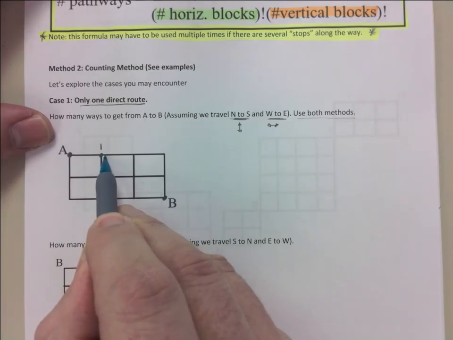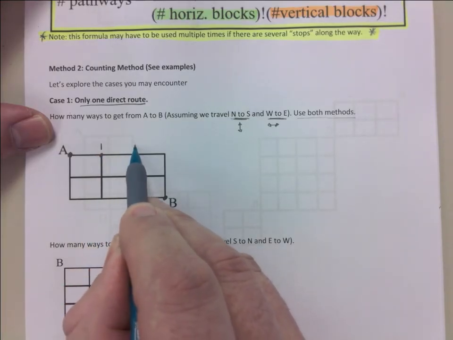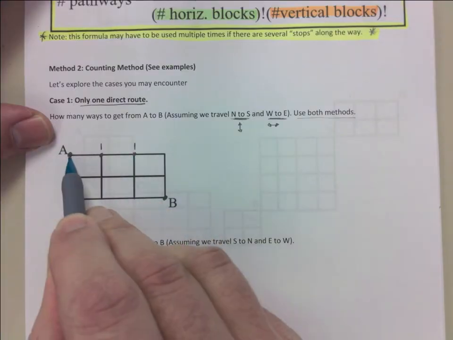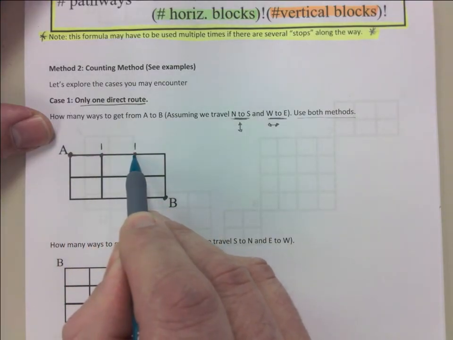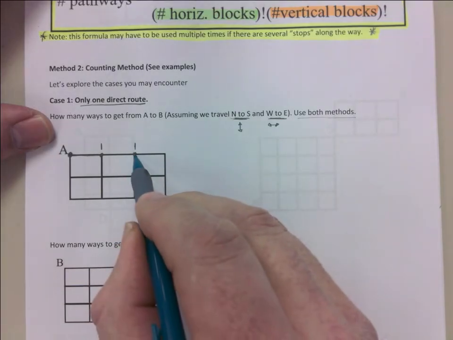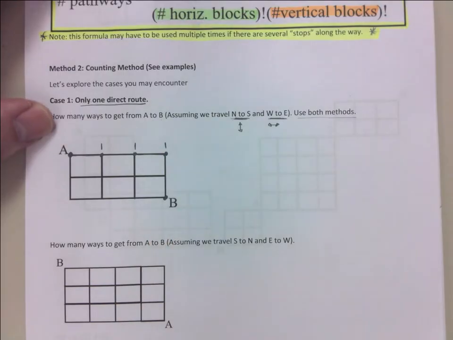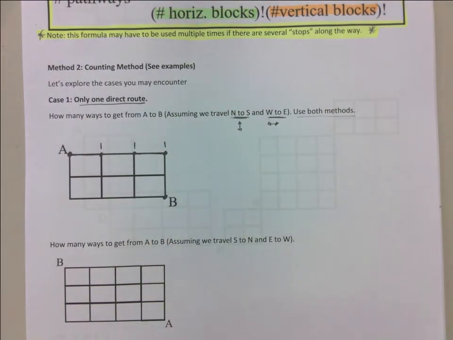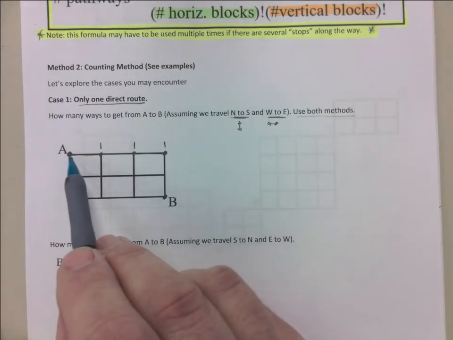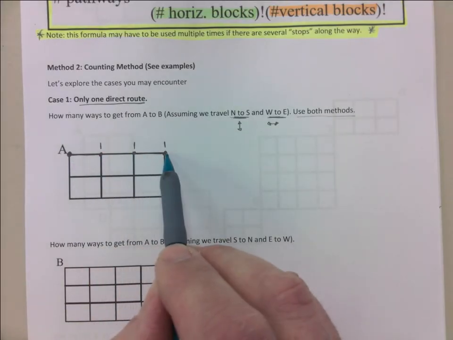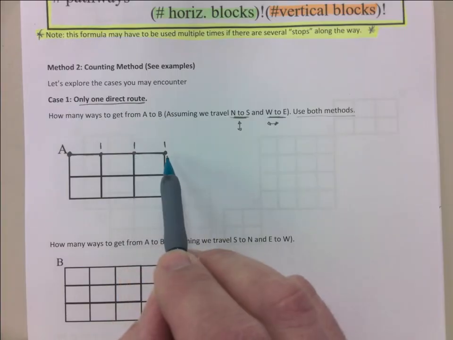Guess what? There's only one way to get to this intersection as well. Like you only travel east, right? There's still only one way to get to this intersection. So you carry, in this case, the one. You start with ones all along.